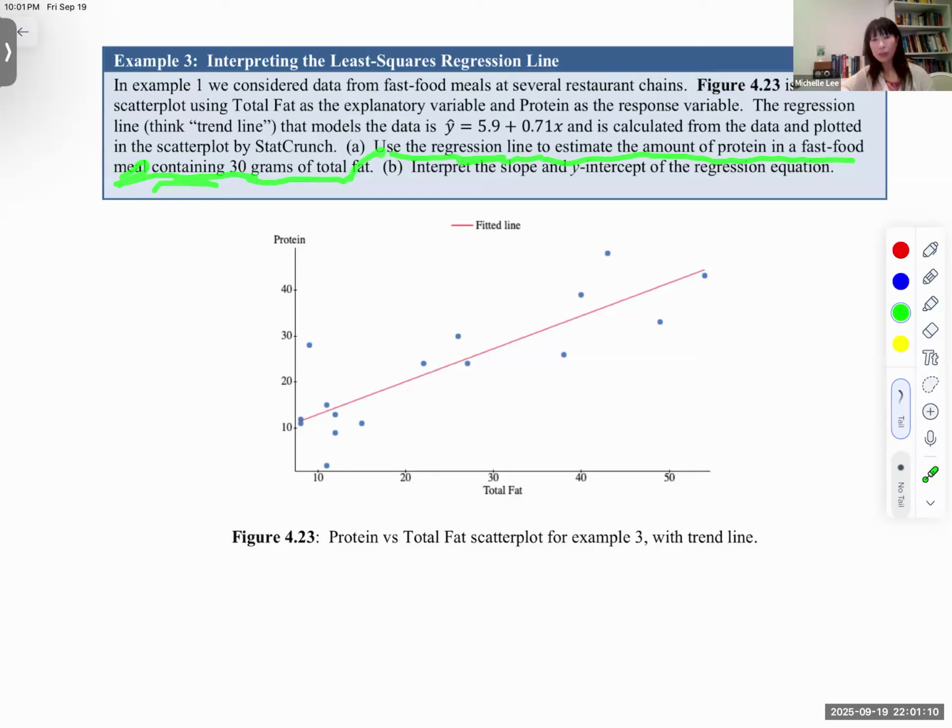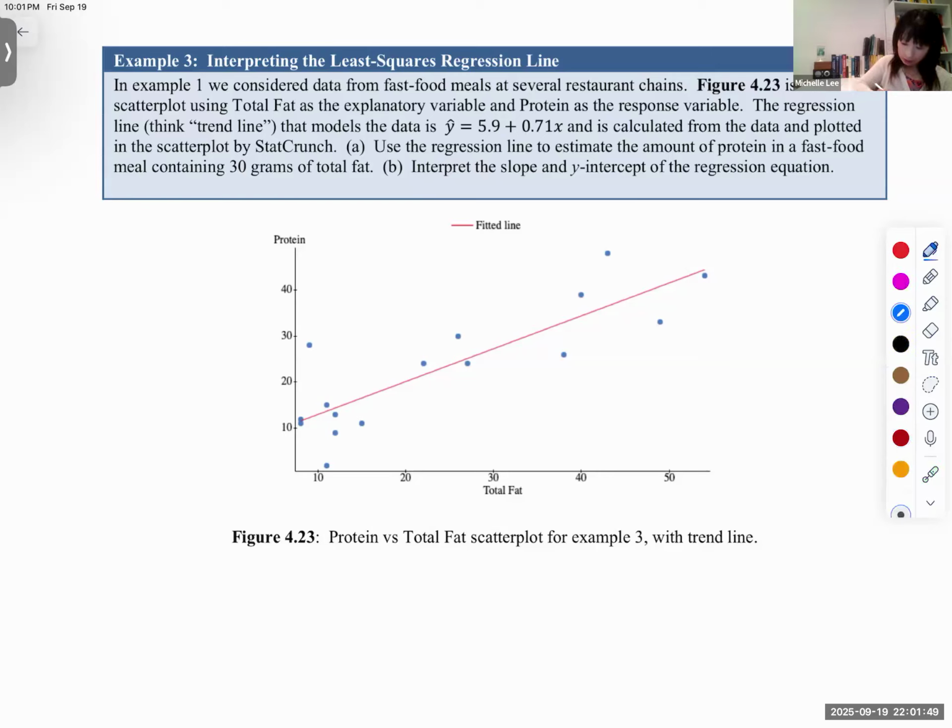So when total fat is 30 grams, what is the protein? Now we want to estimate, predict the y value by the equation. Earlier we were just looking at the graph. And second part, interpret the slope and y-intercept from the equation. Okay, let's do it.